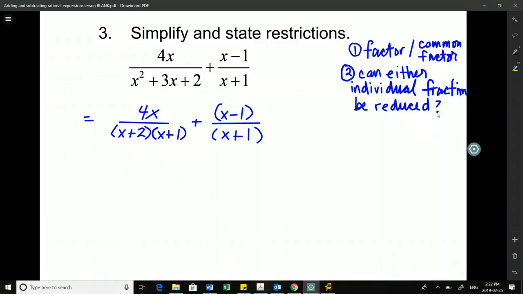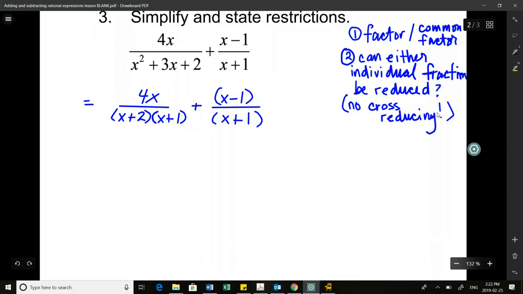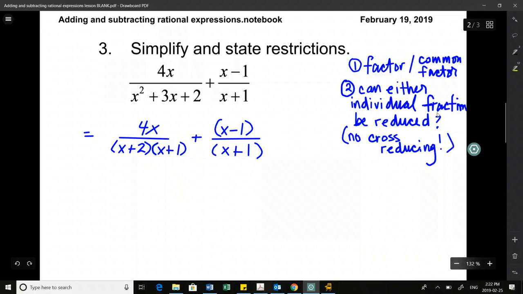It will just save you some time. But no cross reducing, that's only for multiplication. So only in an individual fraction can I cancel a top with a bottom. Here that's not possible, so we can't actually do it in this example.